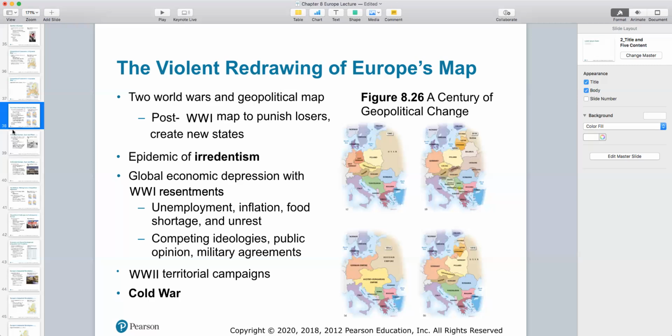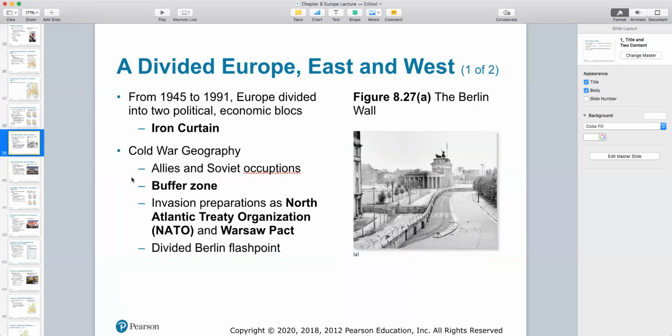Let's talk about Cold War geography. It was the Soviets' desire to create a buffer zone between its territory and Western Europe. And so it created an extensive block of satellite countries that were dominated politically and economically by the Soviet Union.